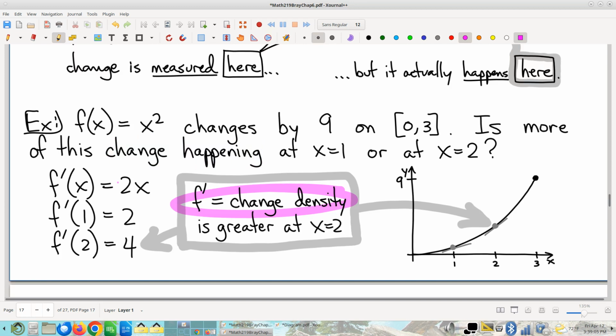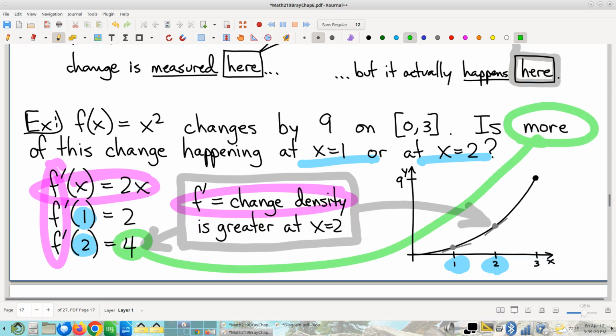Change density being the derivative. You compute the derivative. You plug in your 2 points, right? The 1 and the 2 where we want to compare. You plug those in. And you want to know where more of the flux is coming from? Okay, fine. Look to see where the change density is more. And the change density is more at 2 than it is at 1.